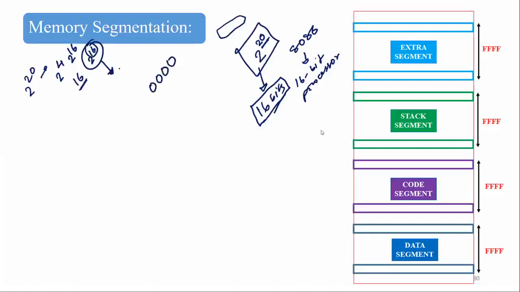Yes, sir. So each of these segments basically starts with 0000 and ends with FFFF. Just a second. Yes, 0000 is in hex, so don't get confused. In total, there are 16 bits. Yes, sir. So this is each of these segments.